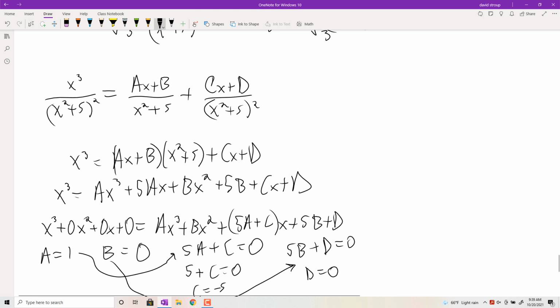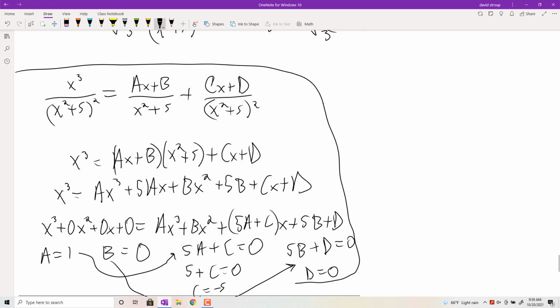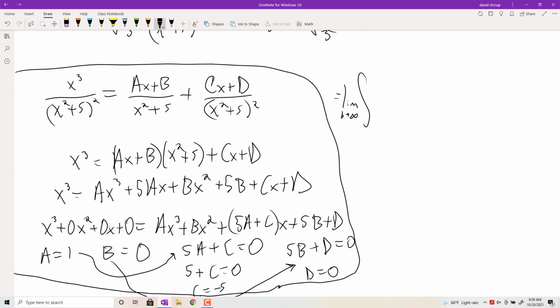So our partial fraction decomposition, when all is said and done, we're getting the limit as b goes to infinity of the integral from 3 to b of 1x plus 0 over x squared plus 5, and then minus 5x plus 0 all over x squared plus 5 squared dx.